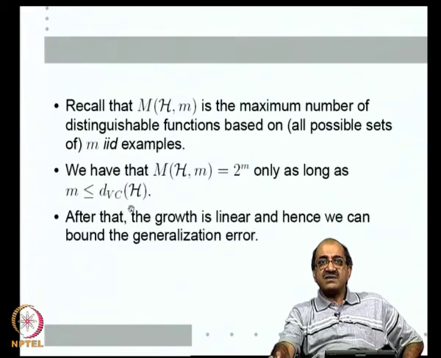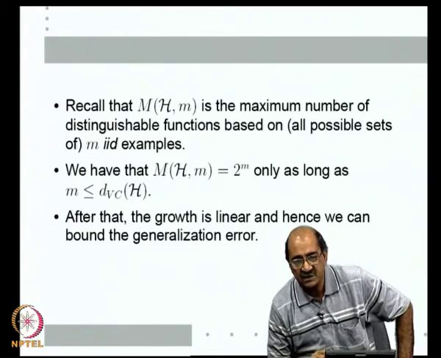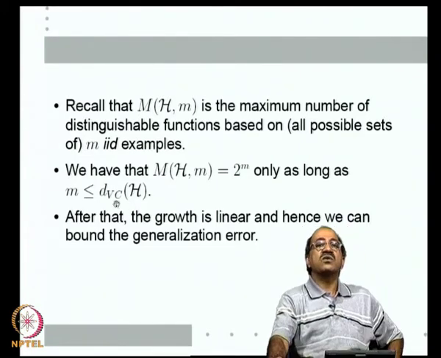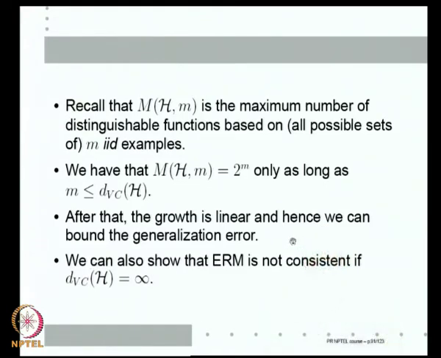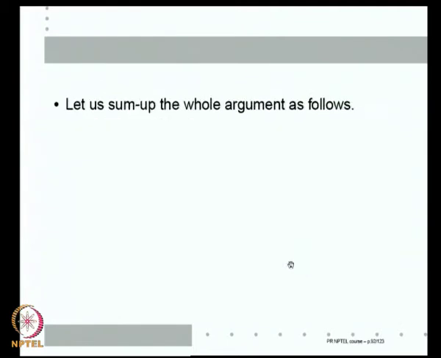After m reaches d VC of h, the growth is slower, and because of that we can bound the generalization error. Of course, if d VC of h is less than infinity, we can bound. If d VC of h is equal to infinity, we cannot bound by our method, but we do not know whether there is any other bound. But one can show that if the VC dimension of h is infinity, then we cannot bound and ERM is not consistent.